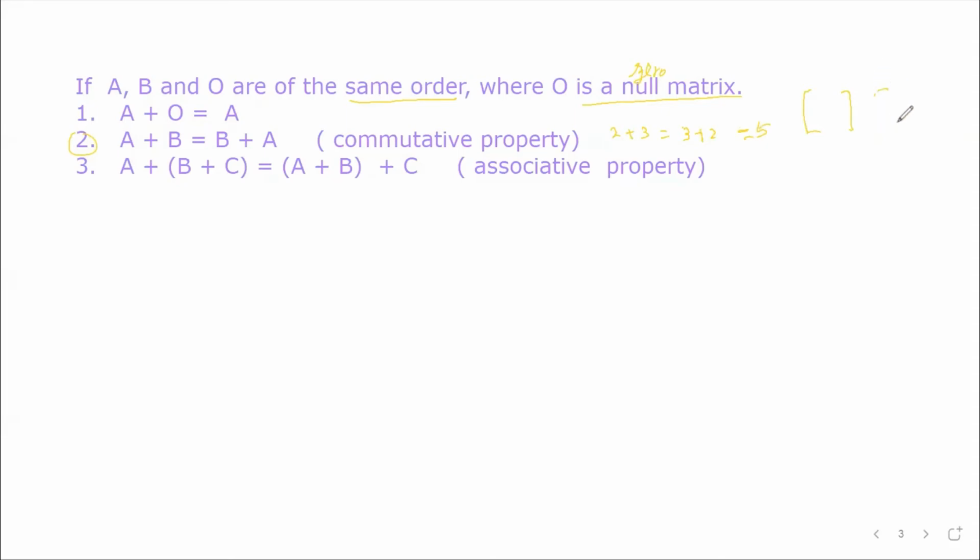That's why I always specify, must be the same order. Like if this one is 2 by 2, this one should be 2 by 2, so you can add or subtract. But if you add, no matter if you swap matrix A plus matrix B and B plus matrix A, of course they're equal. But if you talk about the negative sign, not the same.